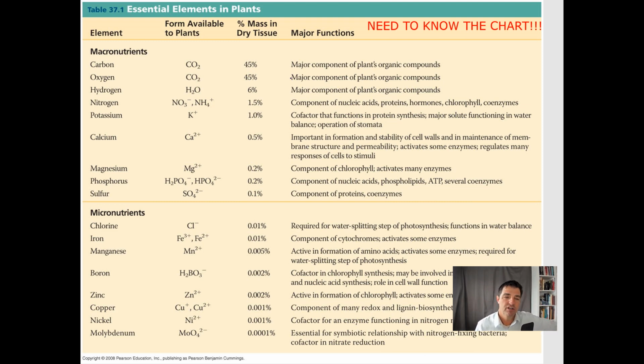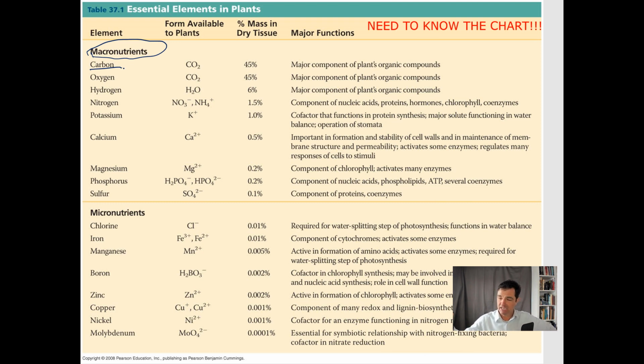So first of all, let's talk about macronutrients. Macronutrients are things that a plant needs in large amounts. Plants need carbon. You know what carbon is, right? Where do you use carbon? Carbon is used in the phospholipid bilayers.